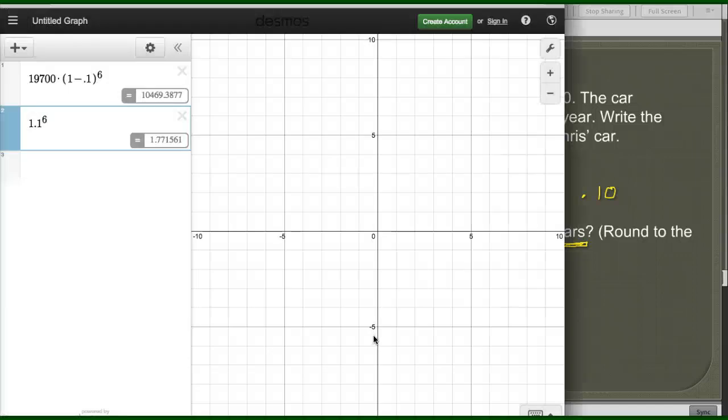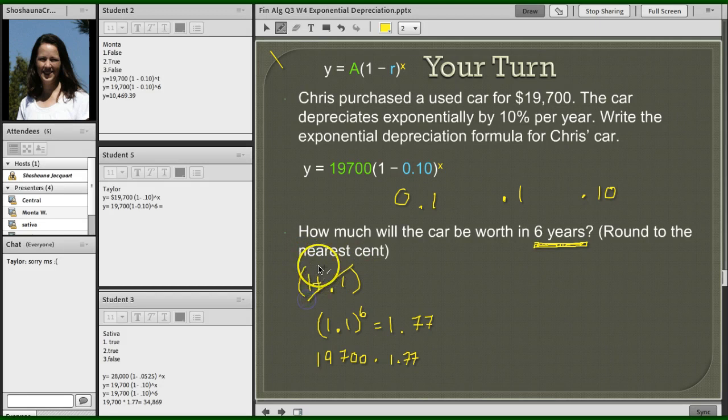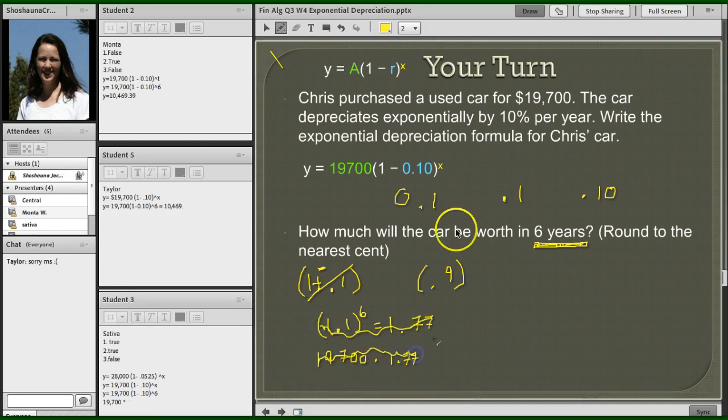And Monte, you got it. Oh, I know what I did. Okay, guys, total typo. That was a minus. Sorry about that. So this is actually 0.9. I'm glad that Sativa was doing work for me because then I could see what was going on.